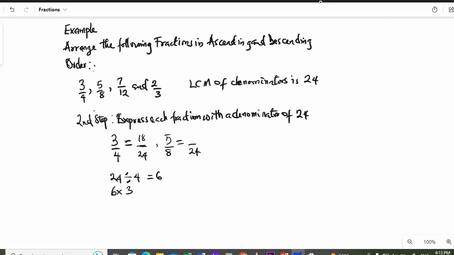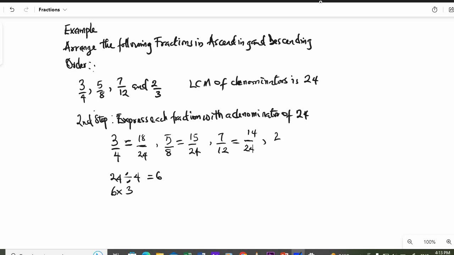Okay, that's the same thing we do with the other fractions. 24 divided by 8, that's 3. 3 times 5 is 15. So we have this here. And then for 7 over 12, this is 14, because 24 divided by 12 is 2, and 2 times 7 is 14.